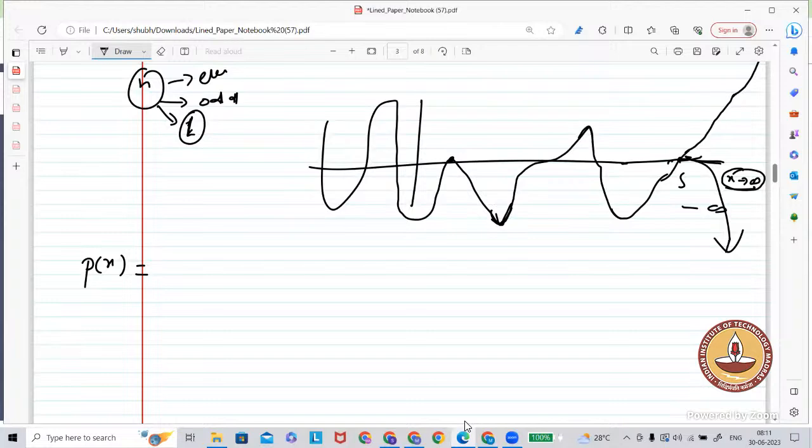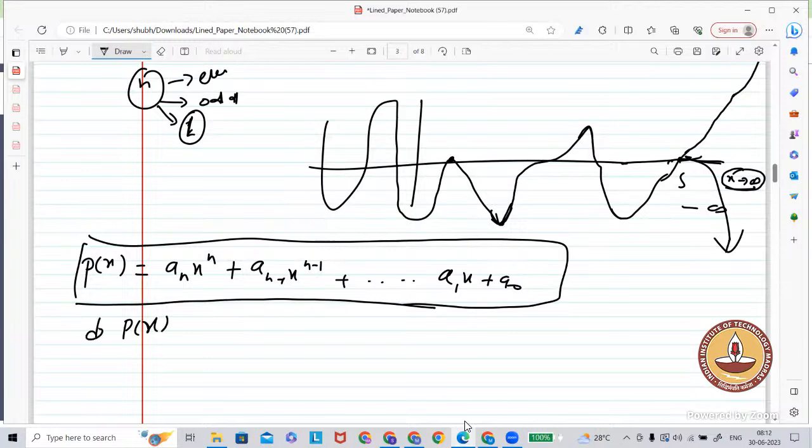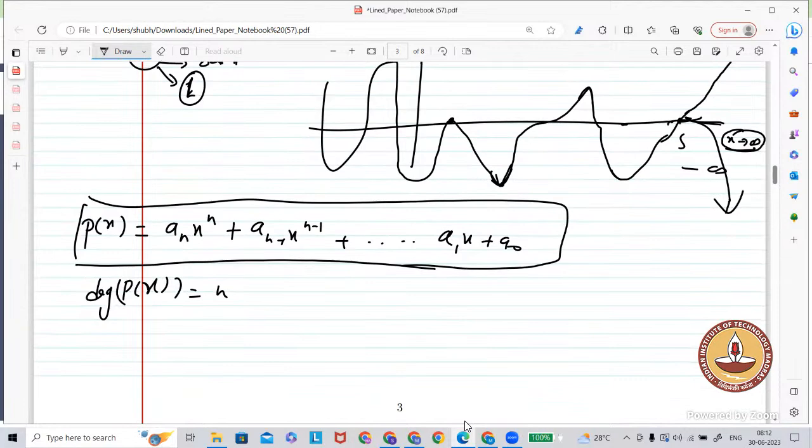Suppose we have the polynomial a_n x to the power n plus a_(n-1) x to the power n minus 1, and so on. The degree of this polynomial is n, and these are called the coefficients.